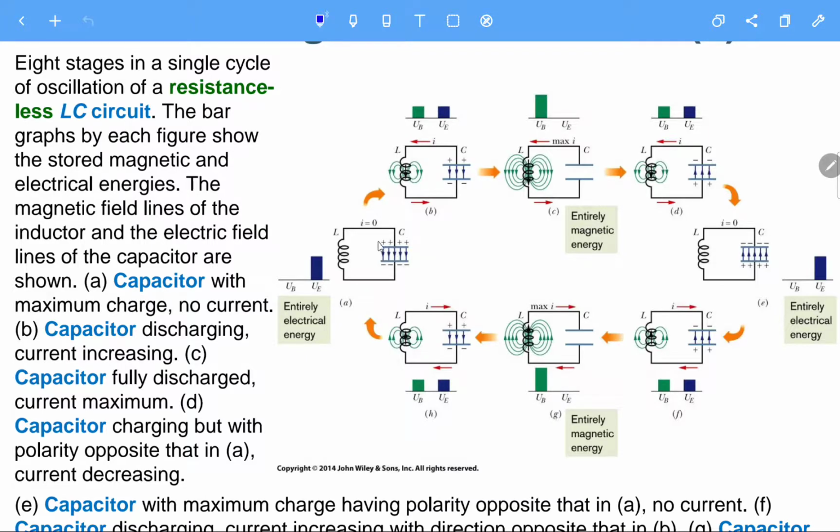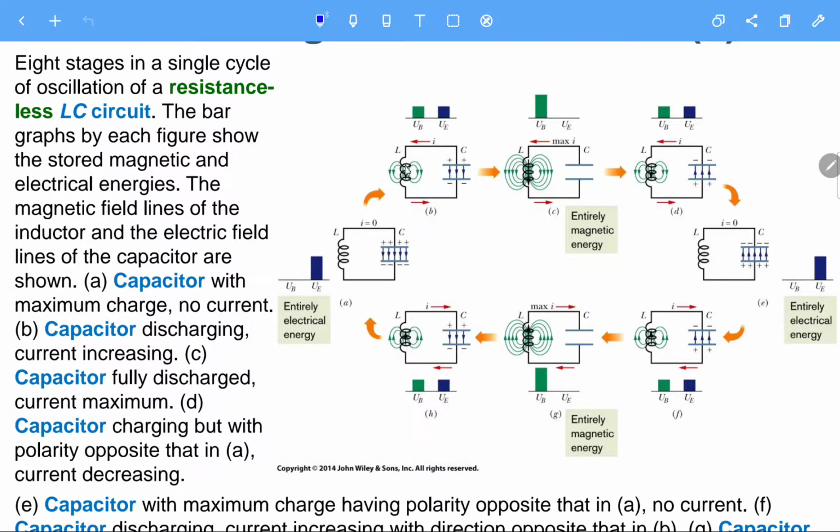And as these charges go through this path to here, there will be some current going counterclockwise. And this current will generate B field in the inductor. So part of the electrical E field energy will be transformed to the B field energy.